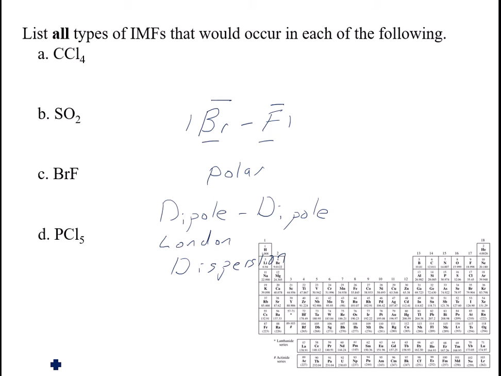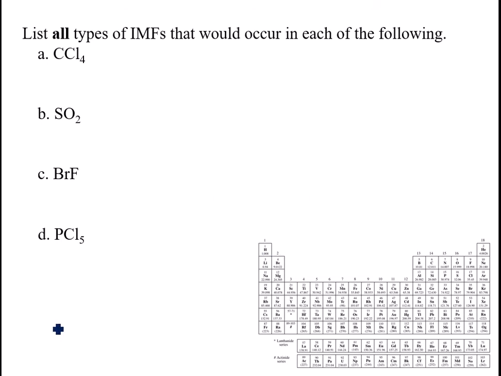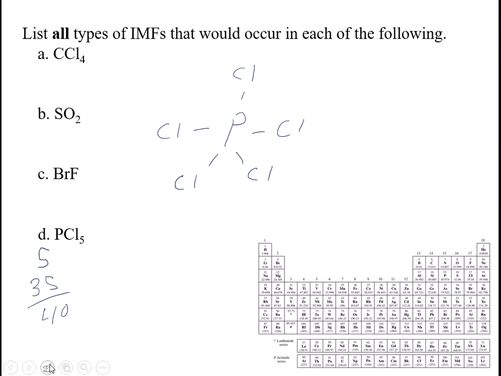Again, you should pause the video and try to do the phosphorus pentafluoride on your own. But phosphorus has 5, fluorine has 35, so I have a total of 40. Phosphorus is my center atom with 5 fluorines. I'm going to switch colors for these lone pairs just so it's something different.